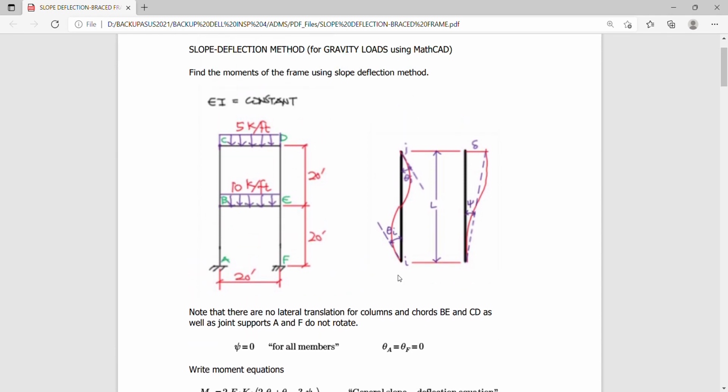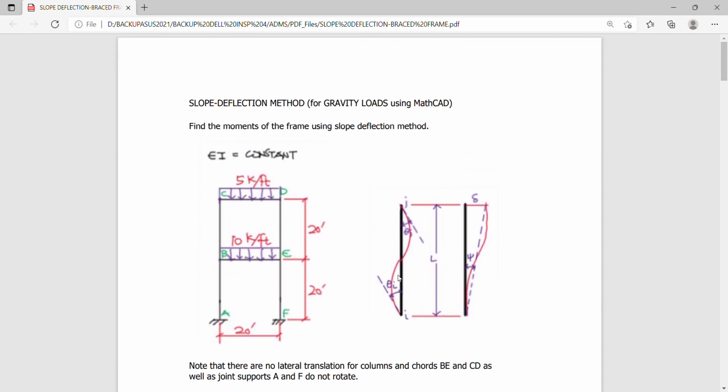So the problem here is now applied for gravity loads, and I'm using again the MathCAD tool for my computation. So we are asked to find the moments of the frame considering the gravity loads given using a slope deflection procedure.